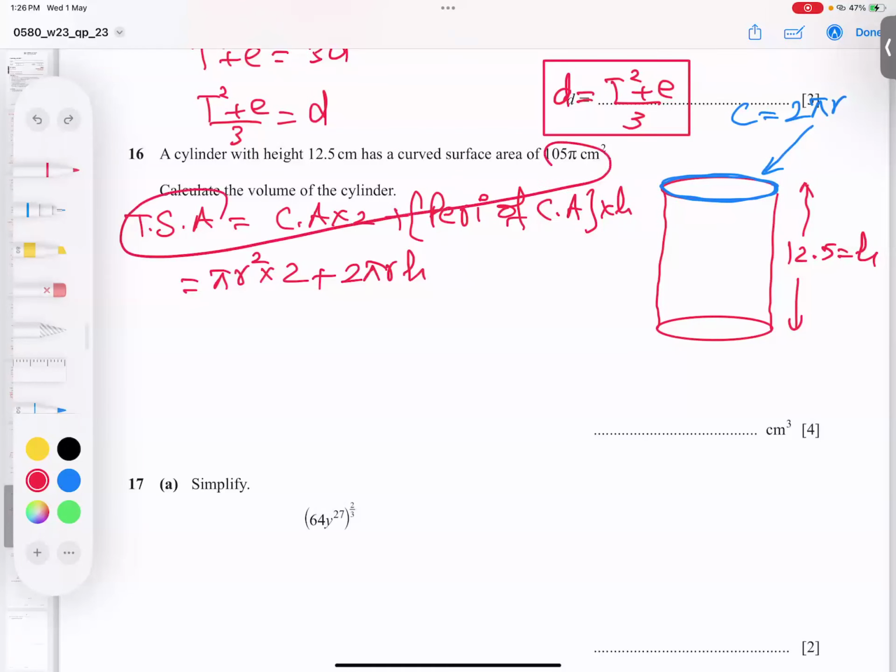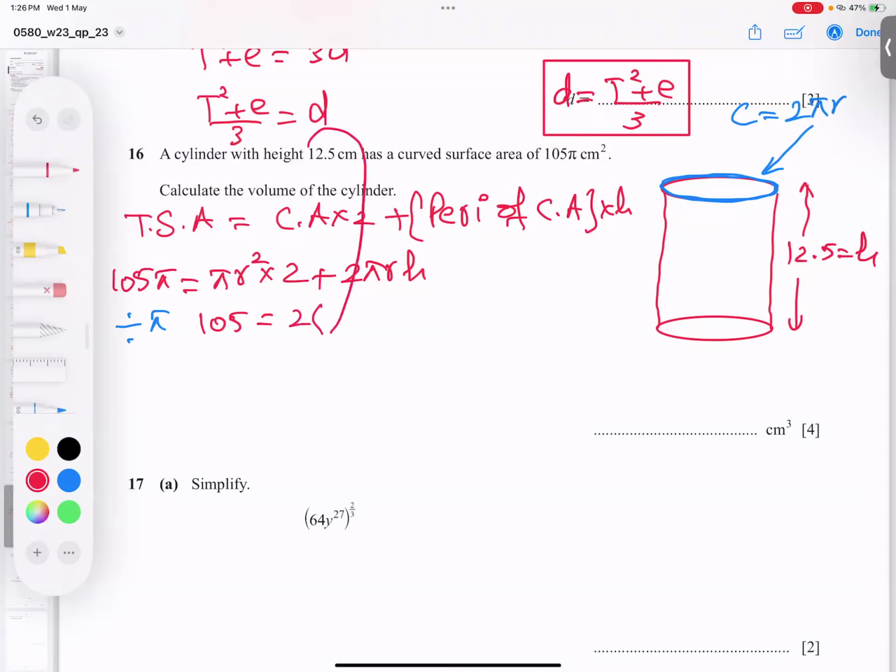And the total surface area is given by him as 105 pi. So see, students, pi is present in the whole thing. If I divide by pi, I get 105. I get 2r square. Sorry, I have the radius also available, so why not put the r value? And the radius is, sorry, the height is available, not the radius. So 2r square, pi cancels already, and 2r, because radius, but the h value is 12.5. And wait a minute.